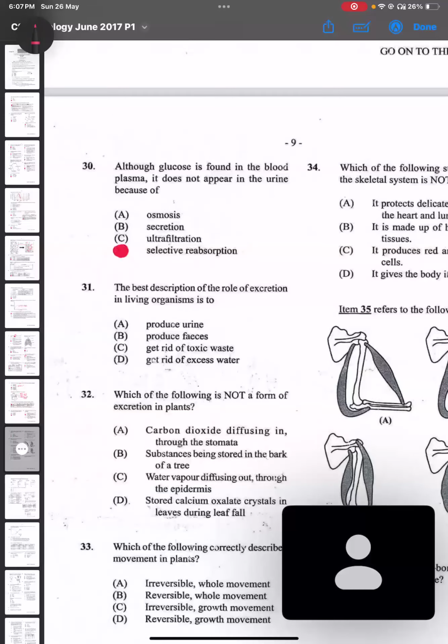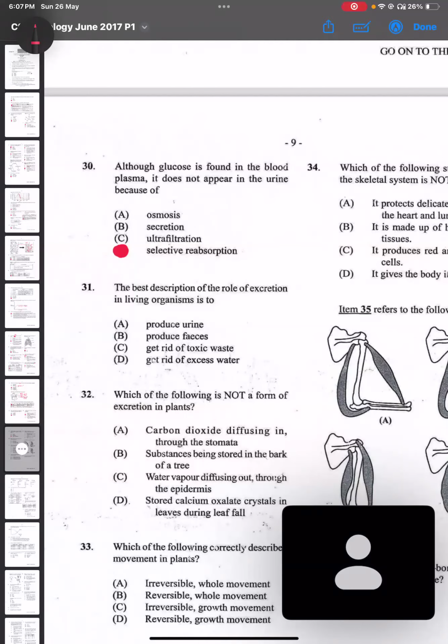It is put into the filtrate in ultrafiltration. That is when things are pushed through the Bowman's capsule. But after that, it is selectively reabsorbed in the proximal convoluted tubule. So the first tubule that it goes down into, that is when the glucose is reabsorbed. So it's selective reabsorption that removes it from the urine.